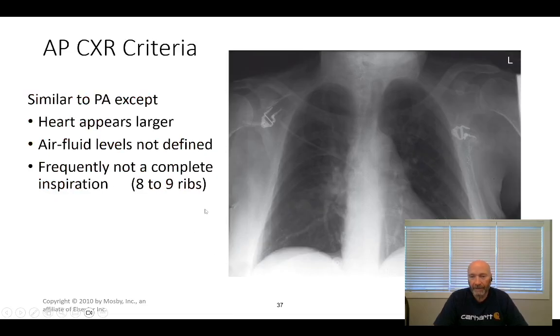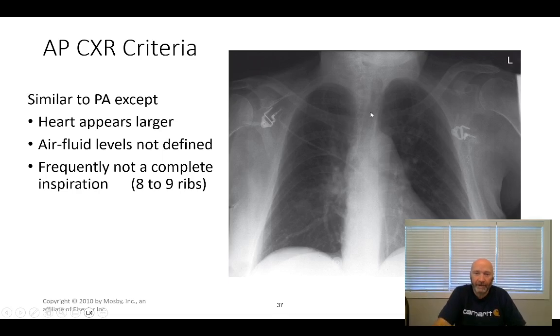AP should really be the same as PA. I don't know why they selected this as their ideal exam for an AP chest X-ray. This is a really, really sick patient. If you look at the soft tissue and compare that to the bone, this patient looks like they have advanced osteoporosis, maybe with a clavicle fracture.